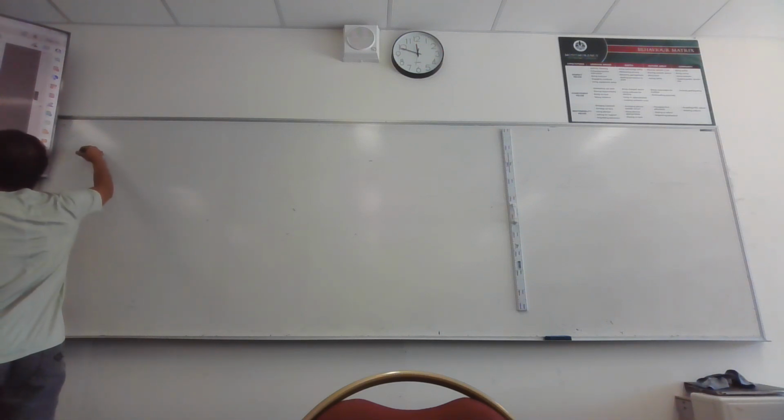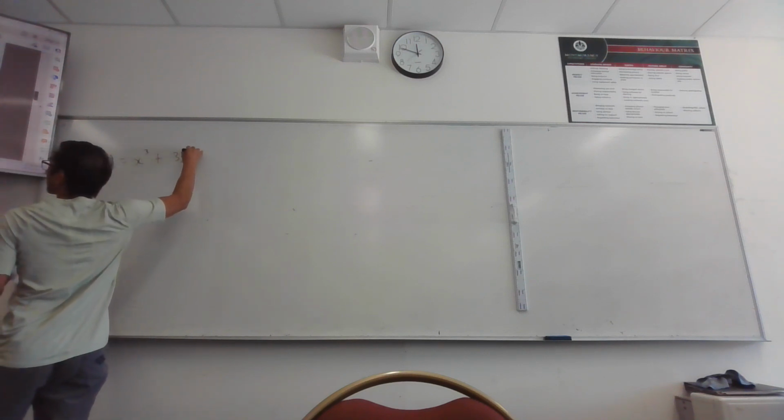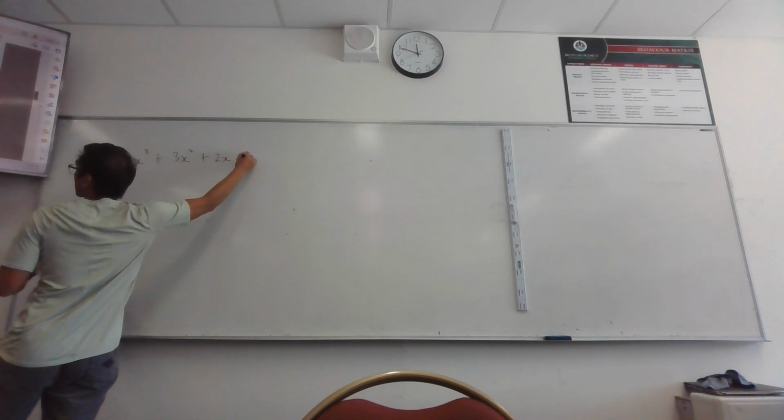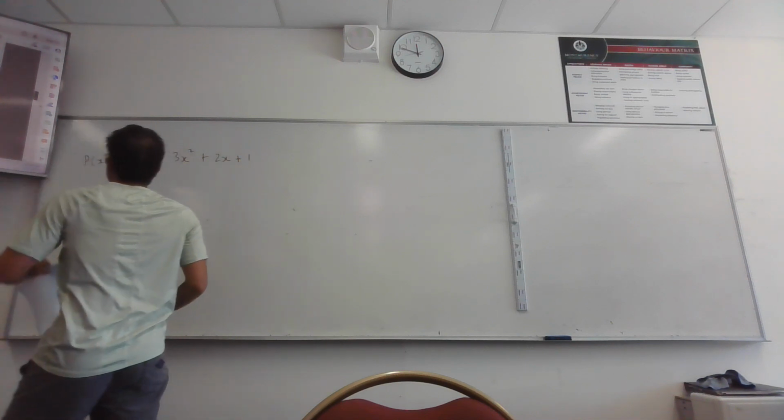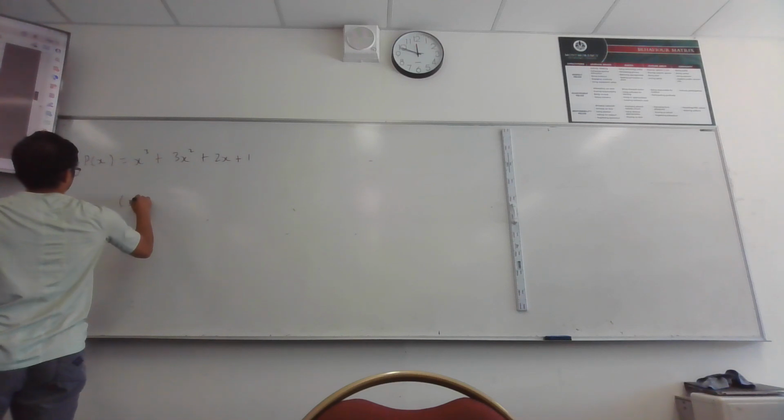Okay, so a few things happening here. We've got a polynomial, and it's saying this can be written in the form of x minus 2 times something.